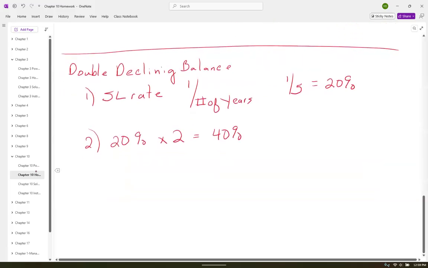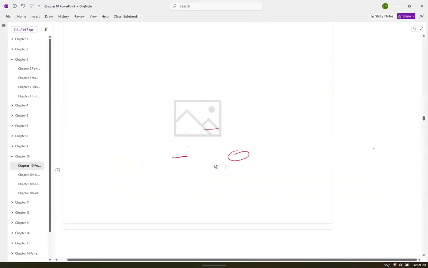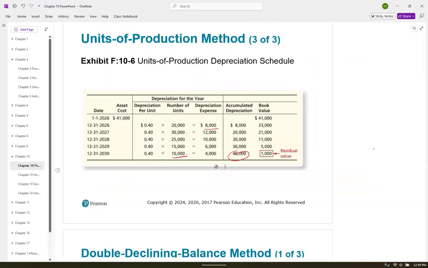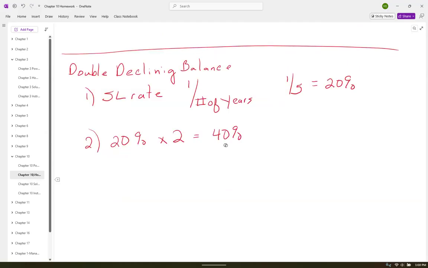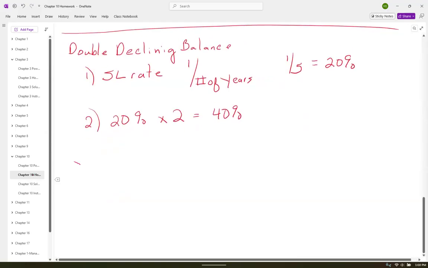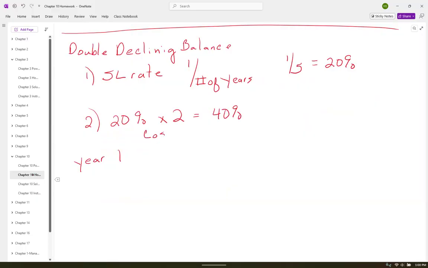So for the very first year, I'm going to look back at those years. The first year was 26. I'm going to say year one just to make it a little bit easier. So year one, we're going to take the cost of the asset.